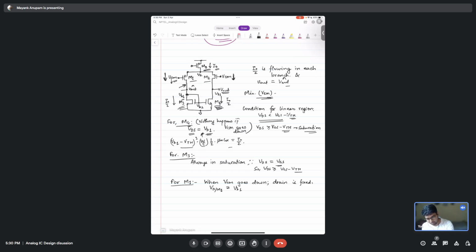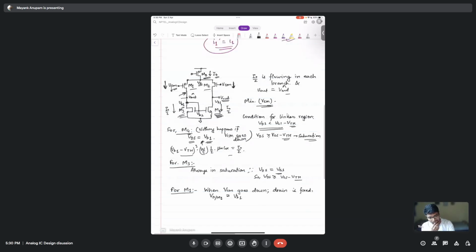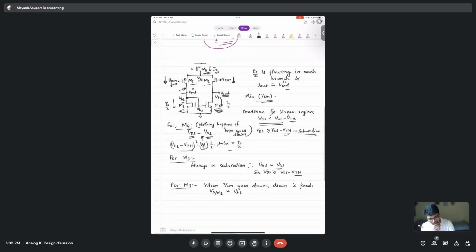What happens to the source voltage Vx here? Vx doesn't change, sir. Why shouldn't it change? Because VCM is changing, the current is changing, sir. So that's why Vx will also change.